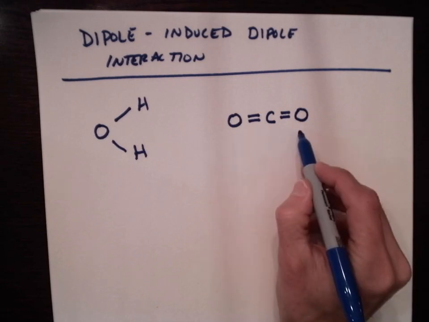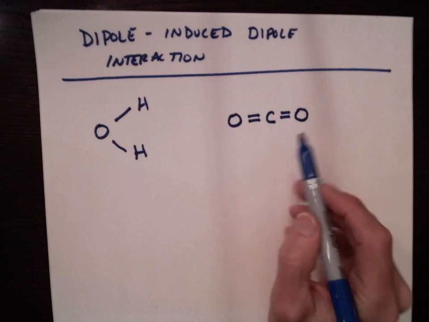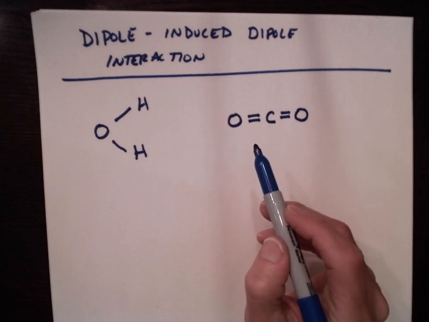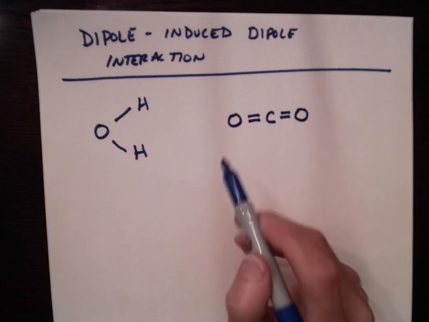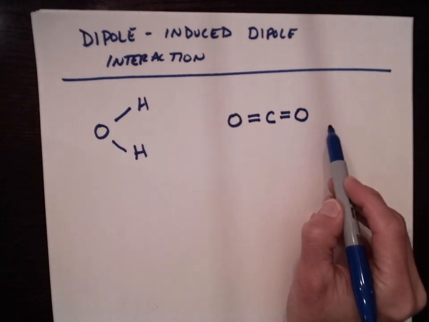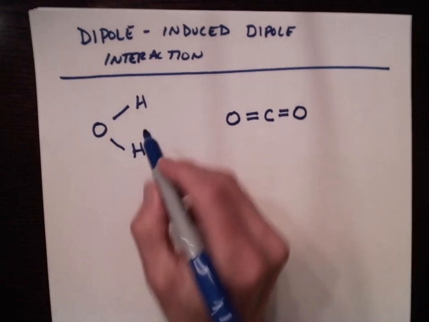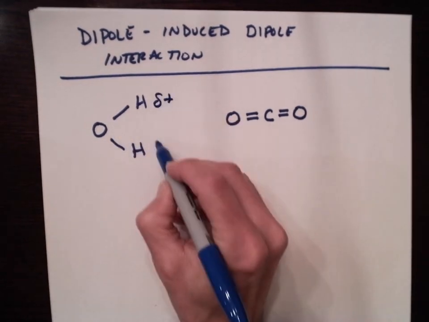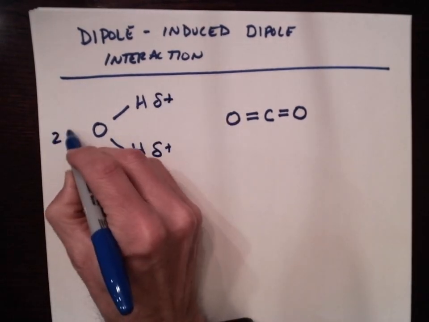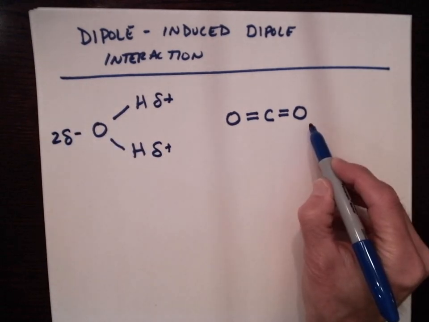If it didn't dissolve in water, we wouldn't be able to enjoy the fizziness of soda pop. But from what we've learned to this point, we might assume that carbon dioxide could not dissolve in water, even though it does, because we have a polar molecule over here with the water and a non-polar molecule over here with carbon dioxide.